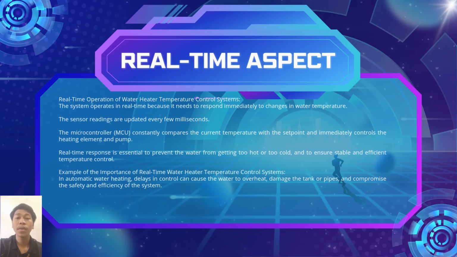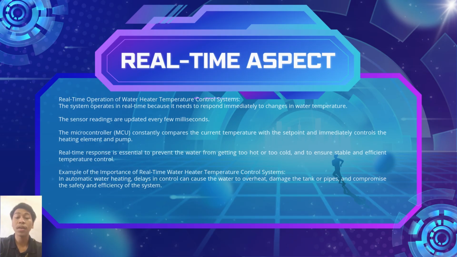Now, I will present about the real-time operation of the water heater temperature control system. The system operates in real time because it needs to respond immediately to changes in water temperature. The sensor readings are updated every few milliseconds.